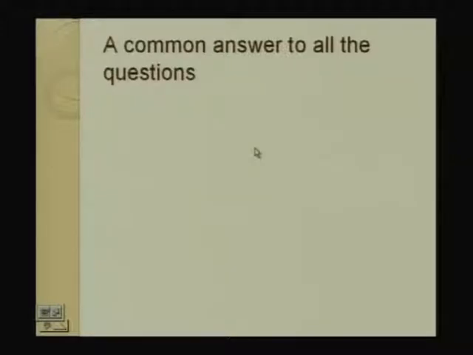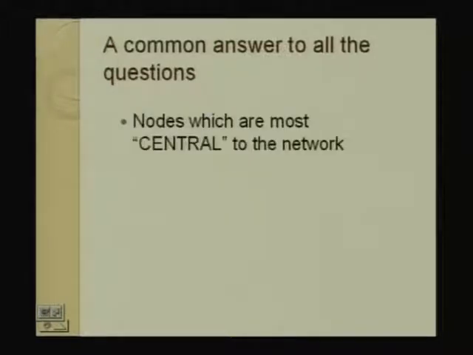One was from web pages, one from friendship network, one from sexual interaction network, but all have a common answer. In one word, the nodes which are most central to the network have the highest chance of getting information fast, in the sexual interaction network the highest chance of getting sexually transmitted disease, and in the case of web pages the highest chance of being an authoritative source.